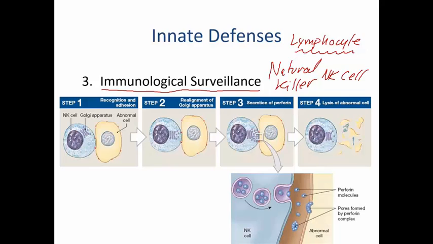So the other types of lymphocytes are the B cells and the T cells, which we will talk about later. So this involves the natural killer cell, the NK cell. And what the NK cell does is it's going to recognize an abnormal cell. This cell has these abnormal surface proteins on it, suggesting that it's either foreign or cancerous. It just does not belong in the body.